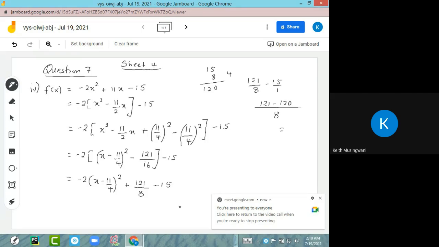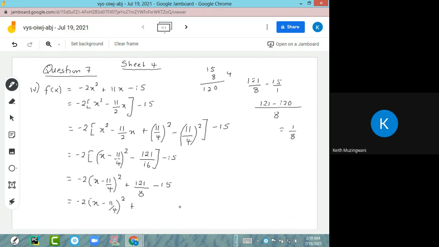I think this question was solved, but anyway, it's all right. So we get 1 over 8. Then we get negative 2 times x minus 11 over 4 squared plus 1 over 8. The square has been fully completed.